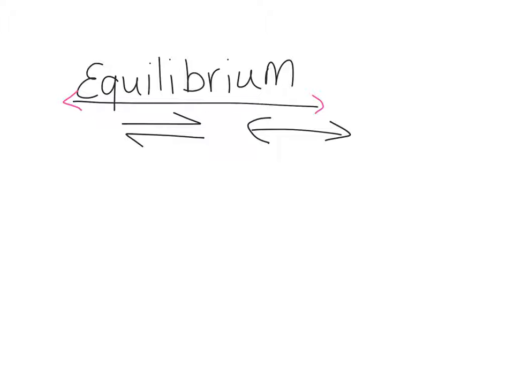All right. So the big thing about equilibrium is that you have what? Products? Actually, I shouldn't say two. More than one. Let me take that back. Don't write two.